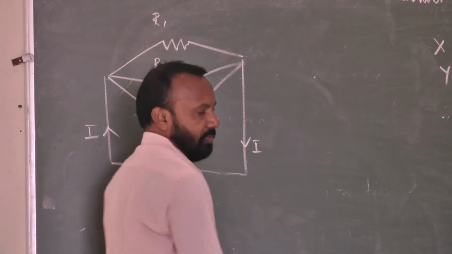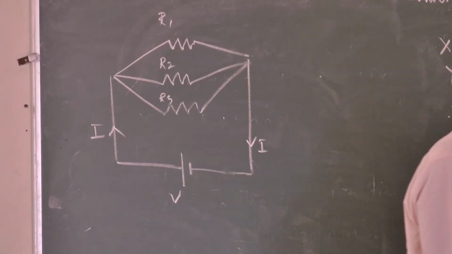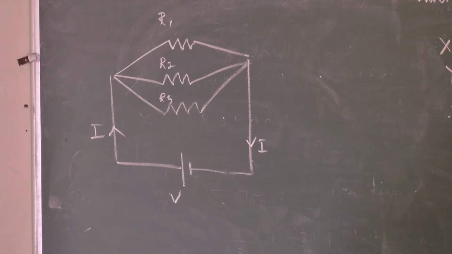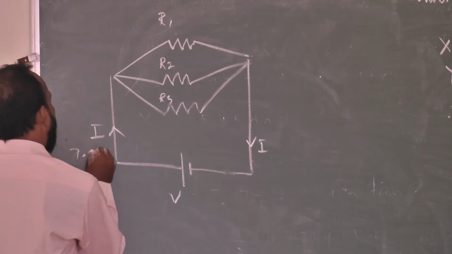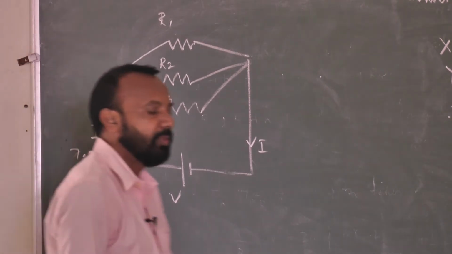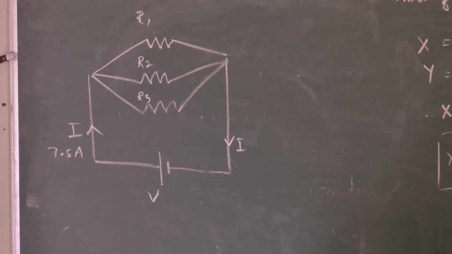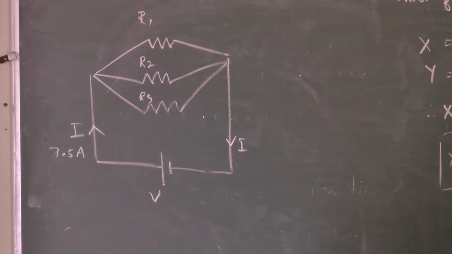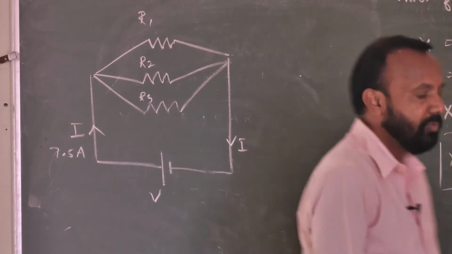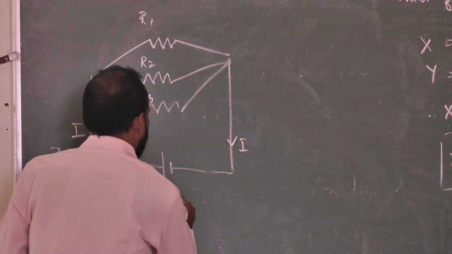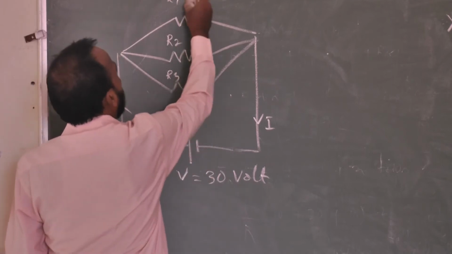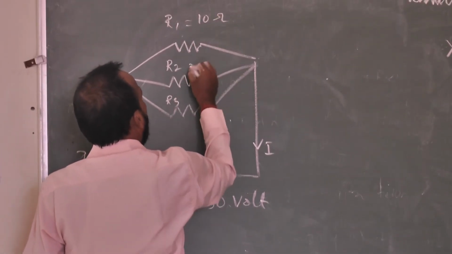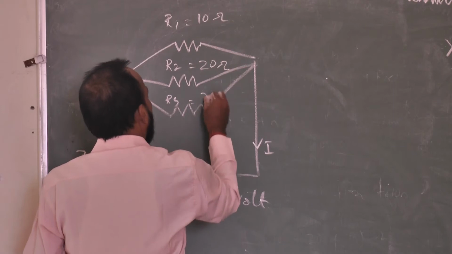A parallel combination of 3 resistors takes a current of 7.5 ampere, so I is 7.5 ampere. The supply is 30 volt, so V is equal to 30 volt. The two resistors are 10 ohm and 20 ohm, and you have to calculate R3.